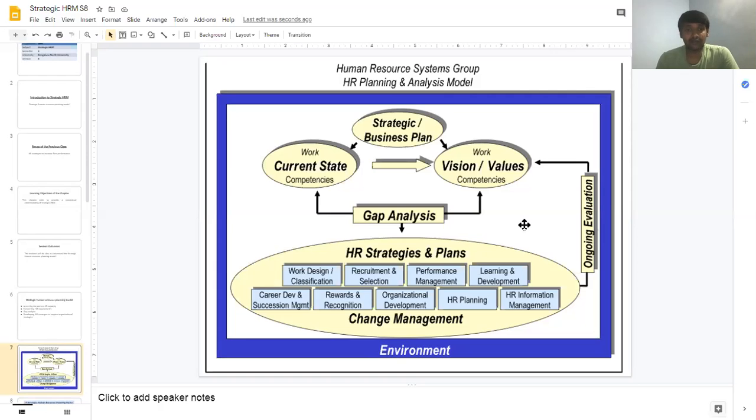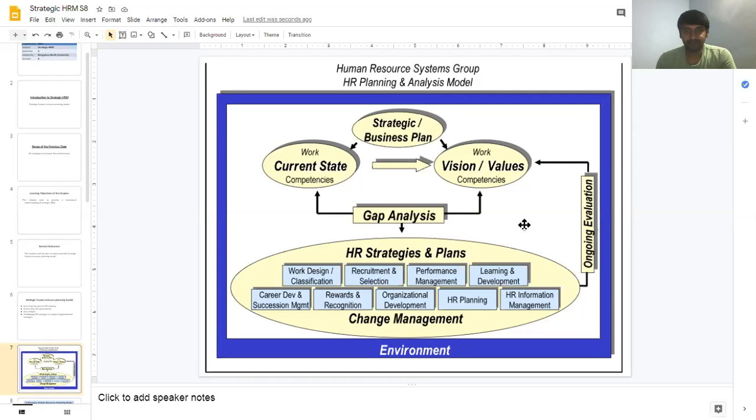The last comes career development and succession management. Once the learning and development is given to the employees, and once all the employees have set themselves for the proper learning and development activities, no doubt the career development of an individual as well as the overall organizational success will be there.